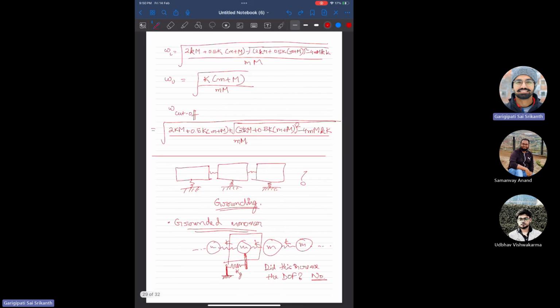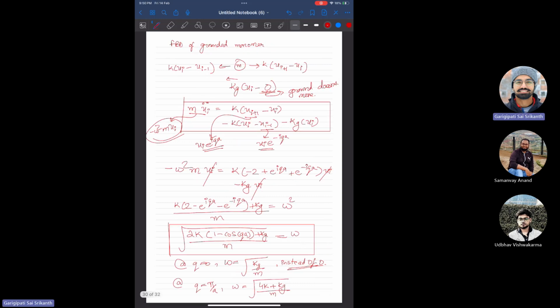So what we were discussing in the last class was, if you have some grounding, then you cannot have the rigid body motion because every unit cell is connected to some grounding stiffness. But it's just a stiffness, it does not increase the degrees of freedom.